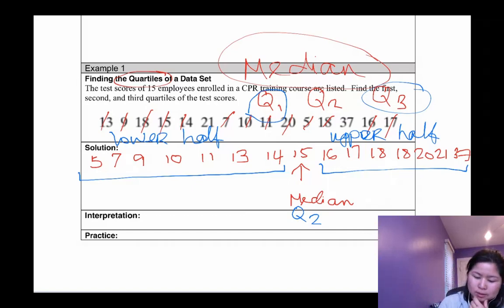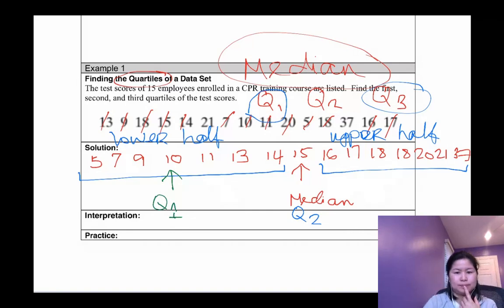So let's look at the lower half. Can someone tell me what the median of that lower half is? What value is that? 10. Okay, so this is the median, which another name we call Q1.